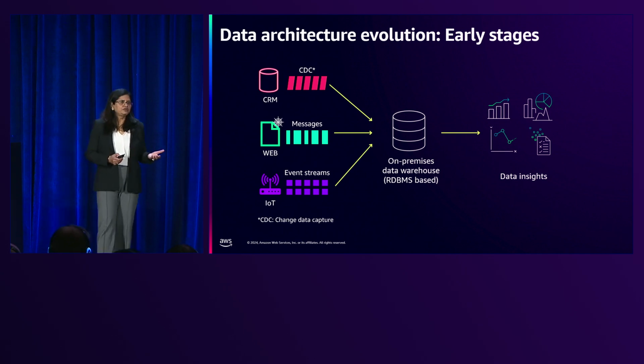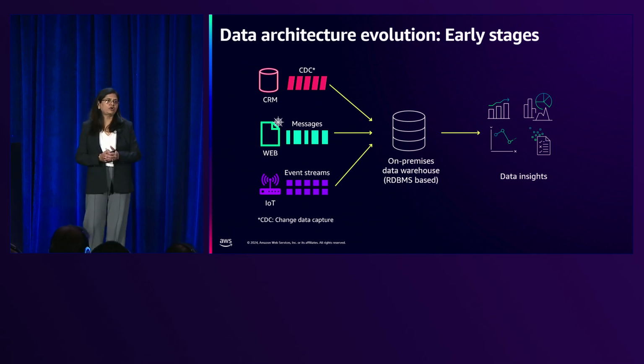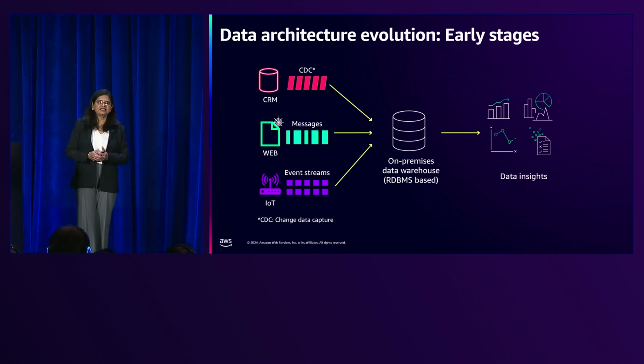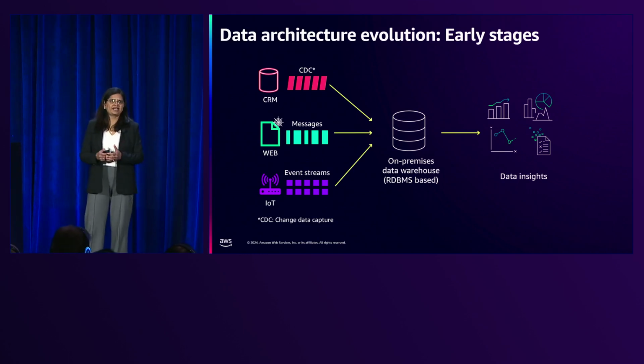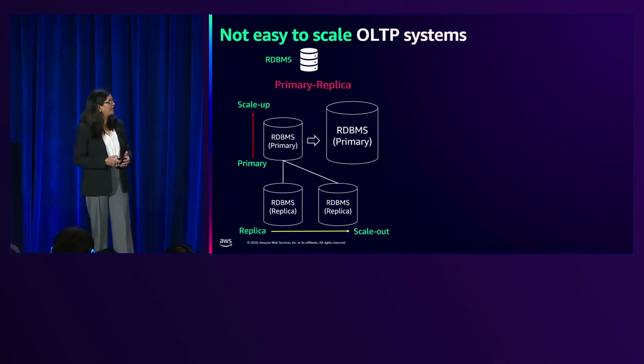To address this problem, we have seen the rise of OLAP systems, or on-premise data warehouses. Data warehouses excelled at managing structured data as well as providing that vital capability to run your complex queries and analysis, which powered your BI systems.